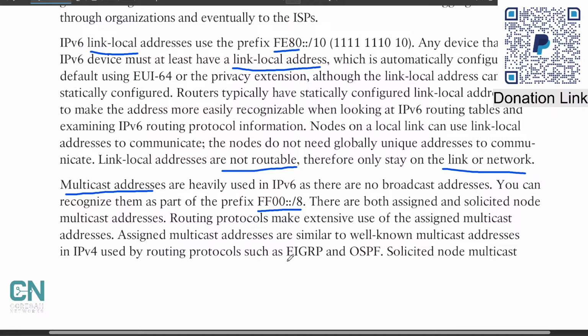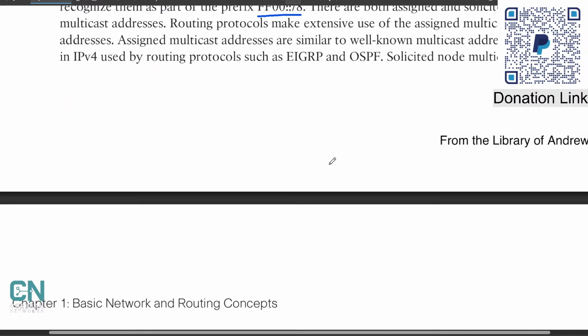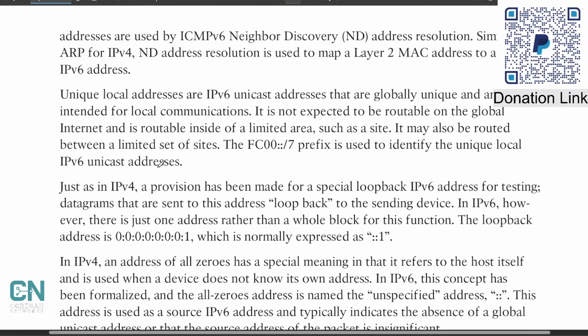Assigned multicast addresses are similar to well-known multicast addresses in IP version 4 used by routing protocols such as EIGRP and OSPF. Solicited node multicast addresses are used by ICMP version 6 neighbor discovery.